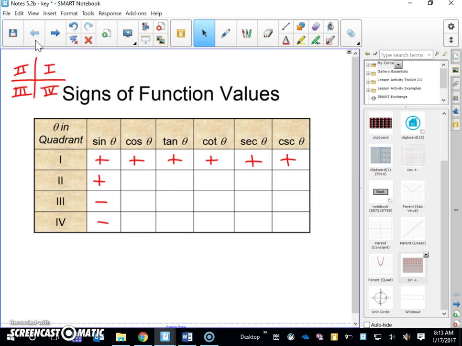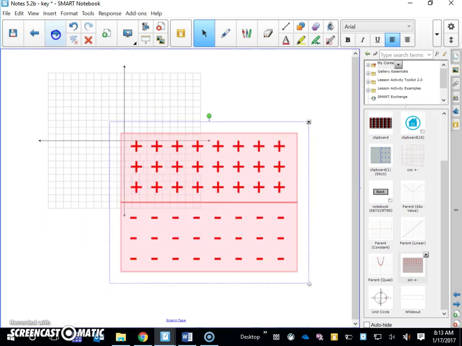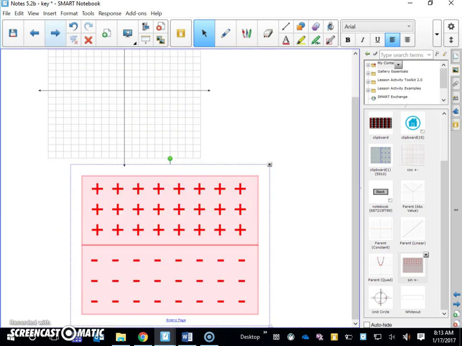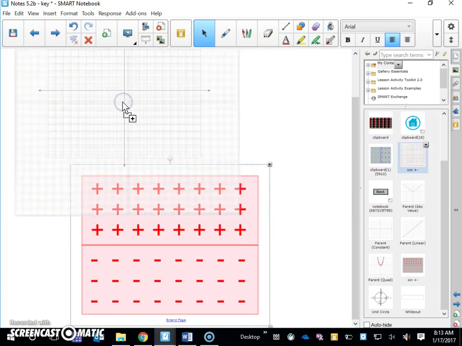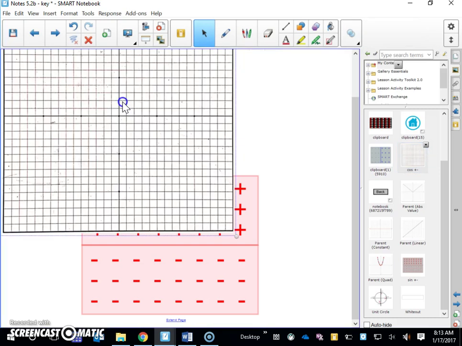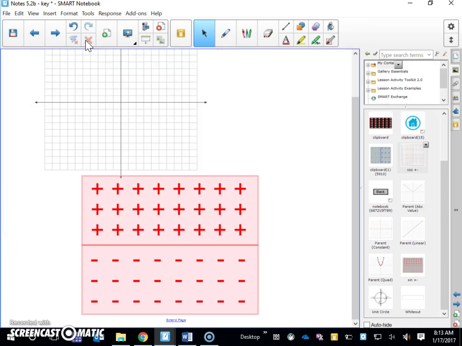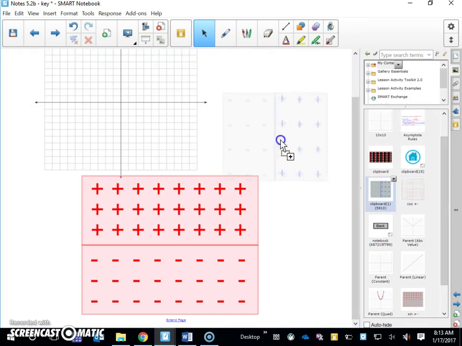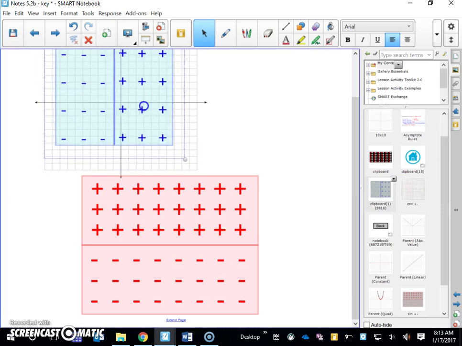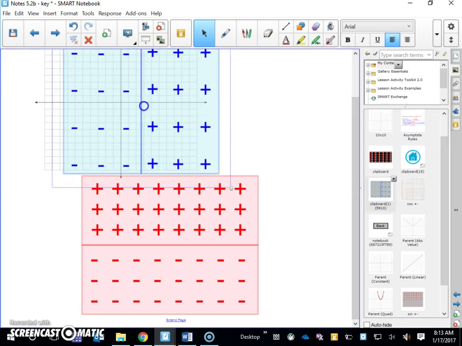As for cosine, we don't really need that. But cosine is talking about x. When I talk about cosine, I'm talking about the x values.